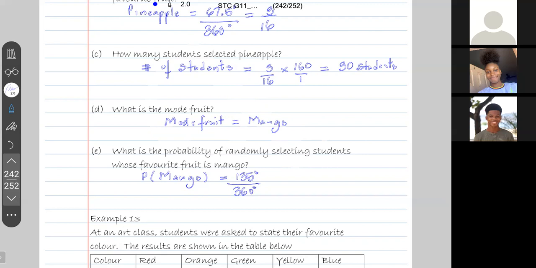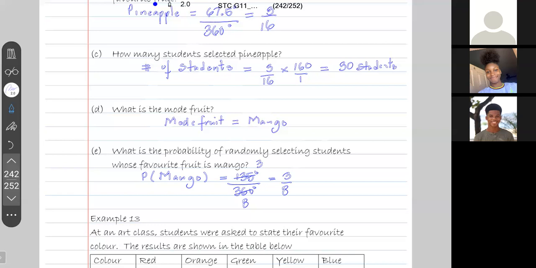Mango is 135 degrees divided by 360. I think 45 goes into this 3 times, and 45 goes into 360 8 times. So this is 3 out of 8.